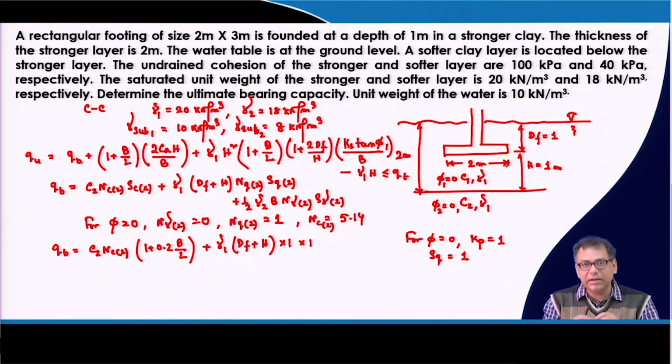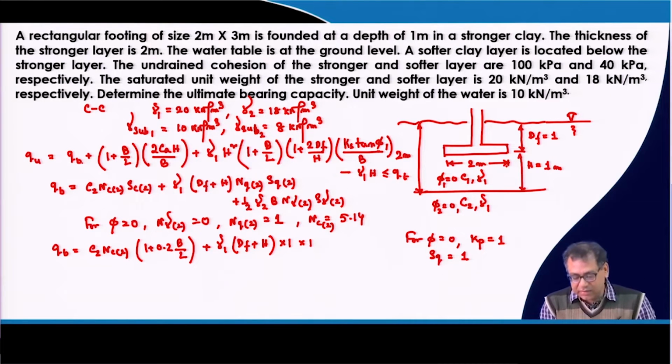But when you are calculating qt and qb, qt is nothing but when your foundation is resting on the top layer only, and qb is when the foundation rests on the bottom layer. So, in that case you have to use Meyerhof's original recommendation. You have to use the shape factor which is proposed by Meyerhof in the original bearing capacity equation. That table I have given. You have to take the bearing capacity factors from there. So, all these things are as per Meyerhof.